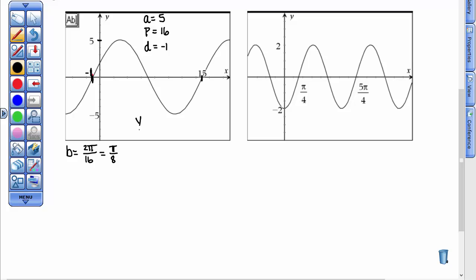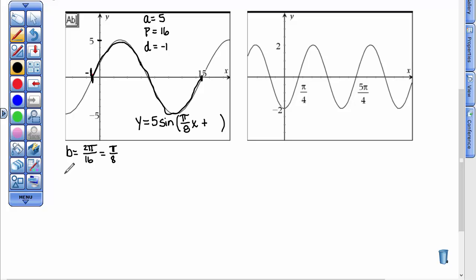So my sine curve is y equals 5, because the amplitude is 5, times the sine of b times x. And now, because the displacement is negative, I'm going to get a positive number to put in for this sine curve.